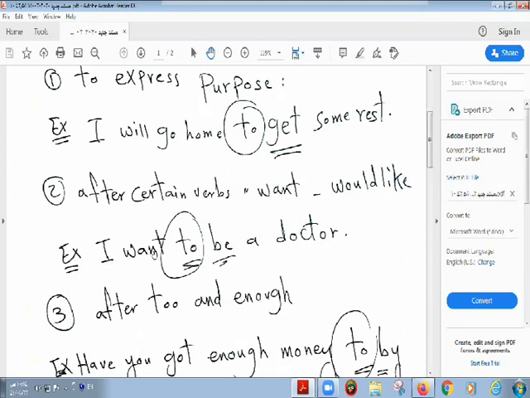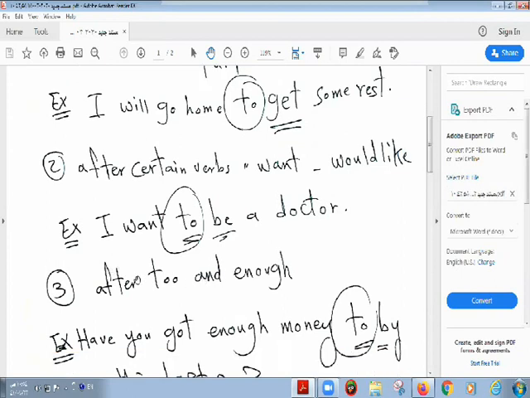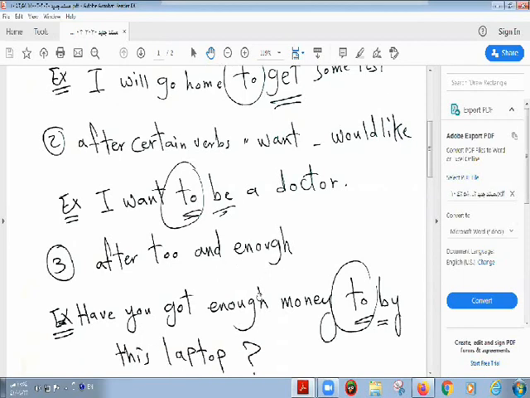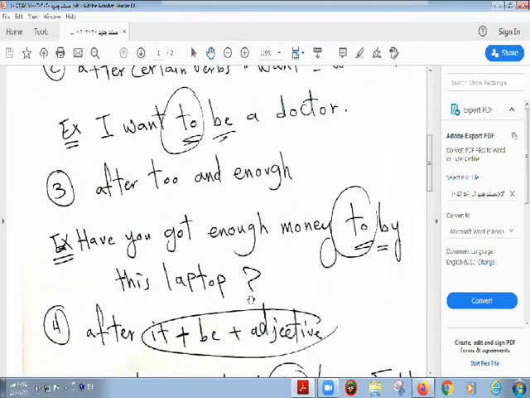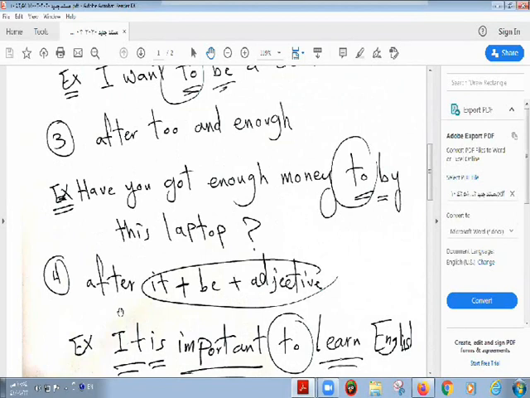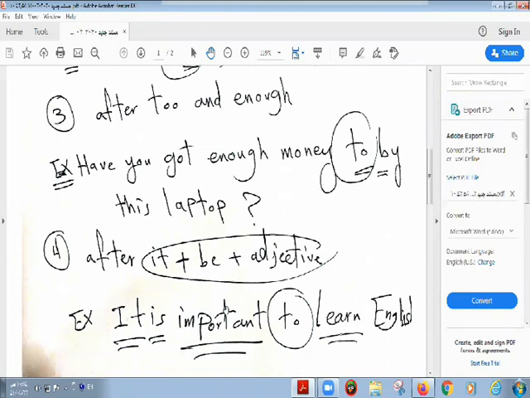For example, I want to be a doctor. We can also use it after to and enough. For example, have you got enough money to buy this laptop? Finally, we can use the infinitive form after it plus be plus adjective. For example, it's important to learn English language.